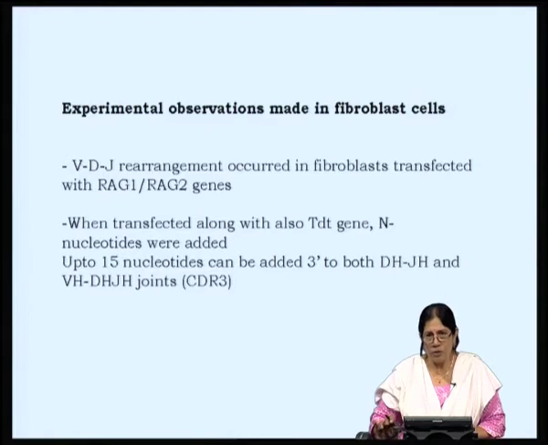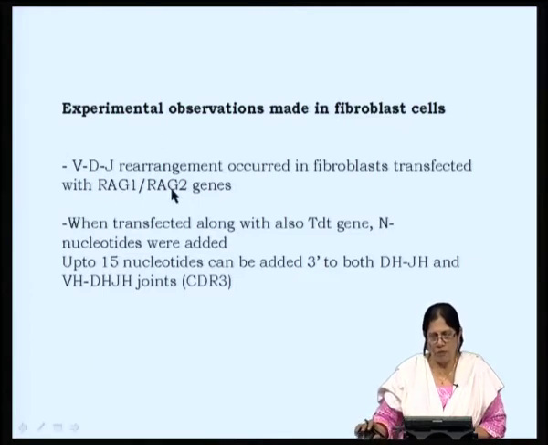Now, one can induce reorganization of these genes in fibroblasts by expressing a plasmid which codes for RAG1 and 2. So, VDJ recombination was induced in fibroblast cells, and only when these fibroblasts were also transfected with the TDT gene was N nucleotide addition seen to take place. So, definitely the relevance of the enzyme TDT was very well demonstrated.